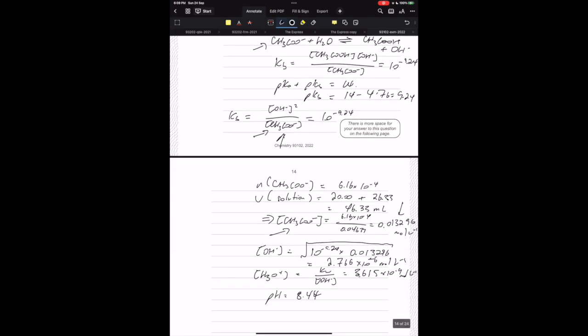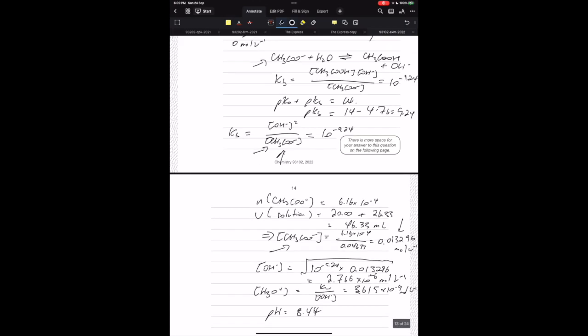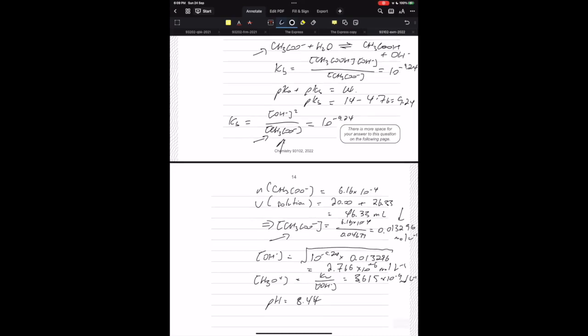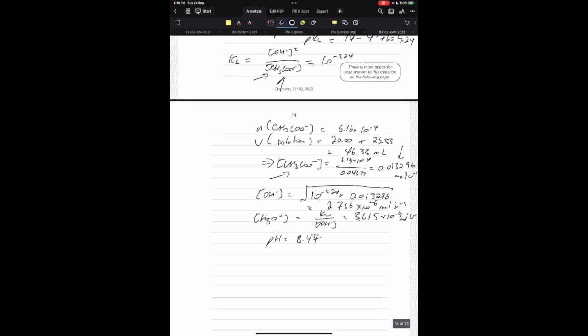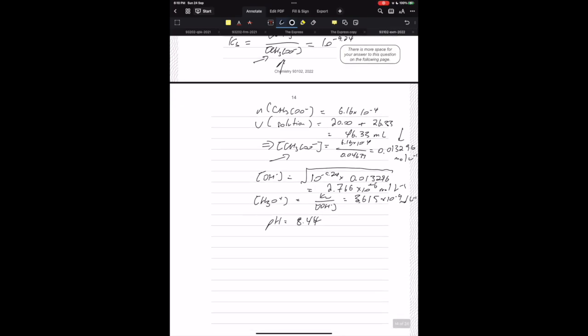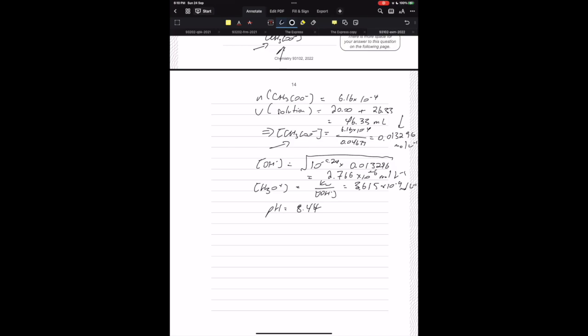And so the concentration of ethanoate is no longer 0.013296. It's slightly less. But again, because it's quite a weak acid, and the conjugate base would also be weak, the equilibrium in that process would not be so favored on the right-hand side, so the decrease in the concentration would not be significant. And so this assumption in the general case is fine. And so that is the other assumption we have made throughout this calculation.